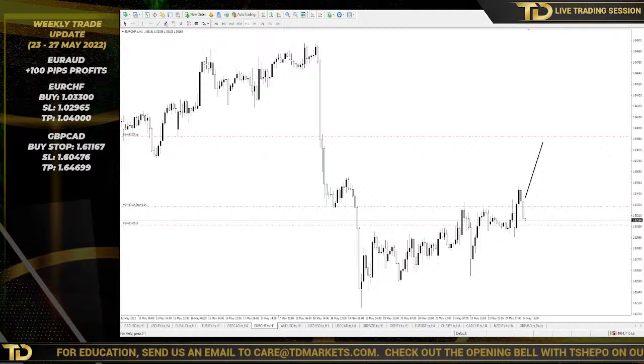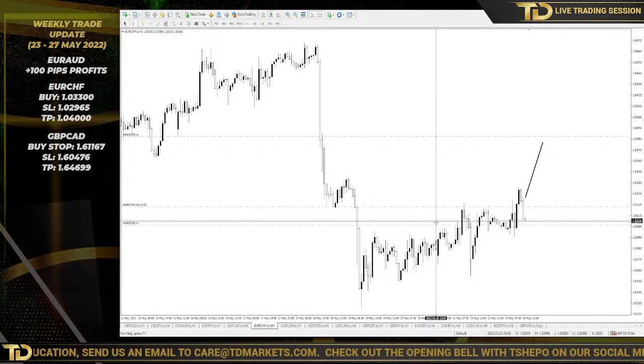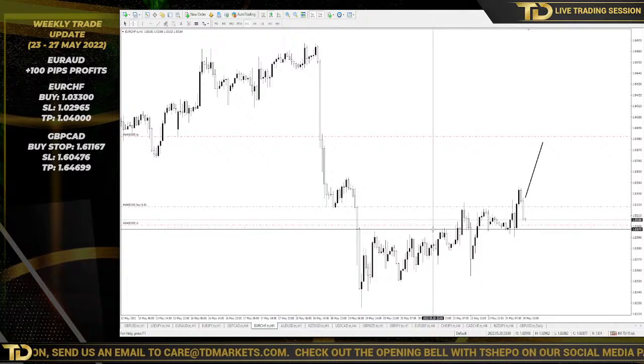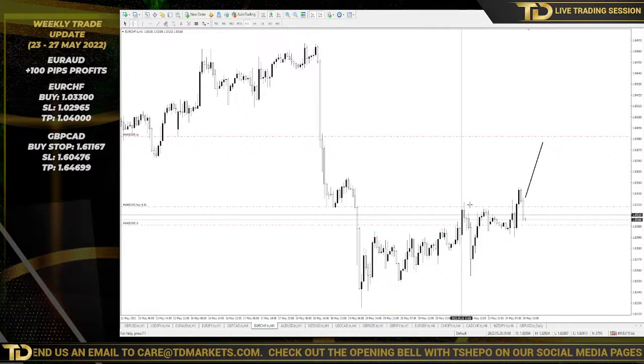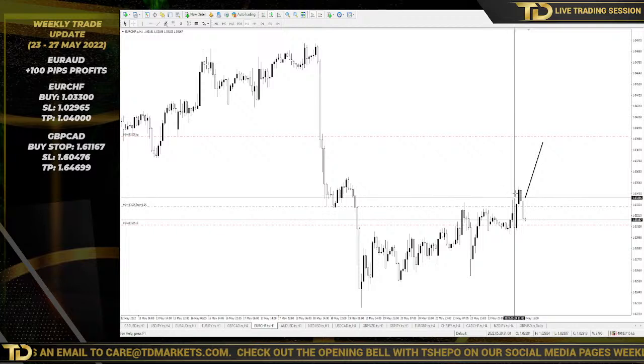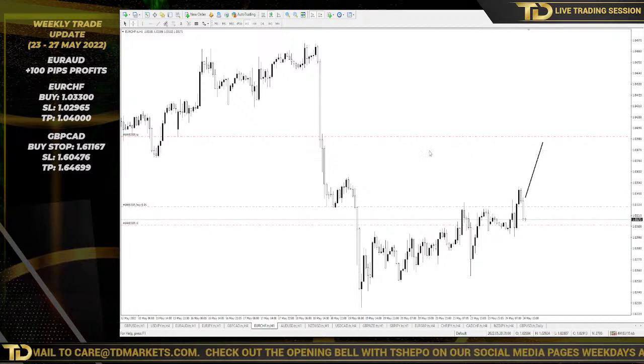That's the stop loss that I initially gave out, and when the market moved to profit, I just adjusted my stop loss.